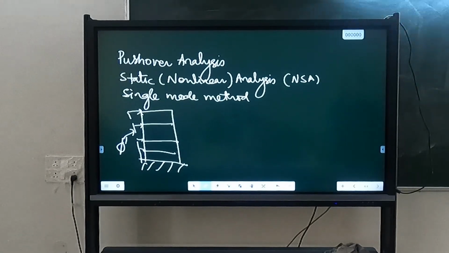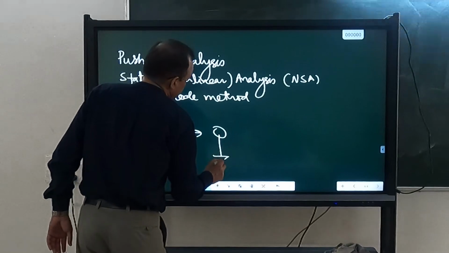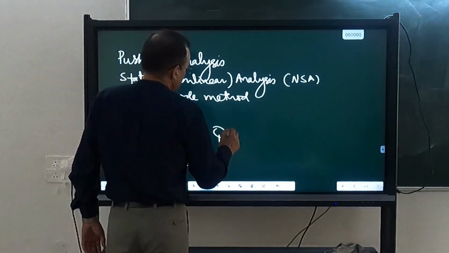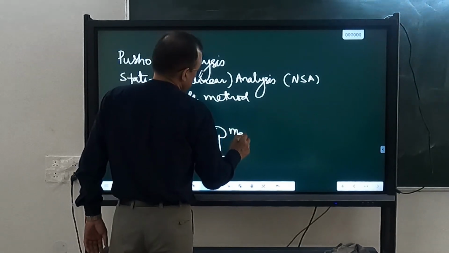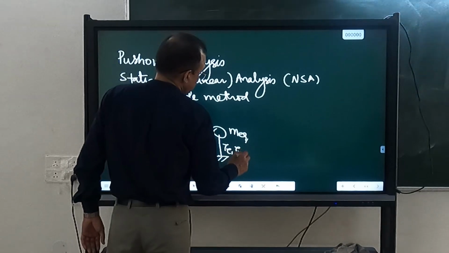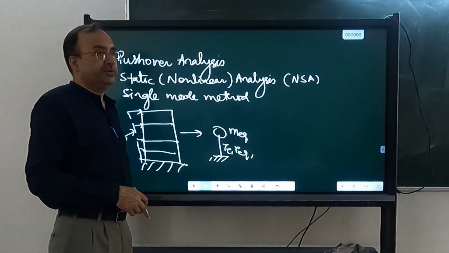So here we have used the mode shape, and then converting this into an equivalent single degree freedom system, we have used M equivalent, T equivalent. Here we are using a single degree freedom system.